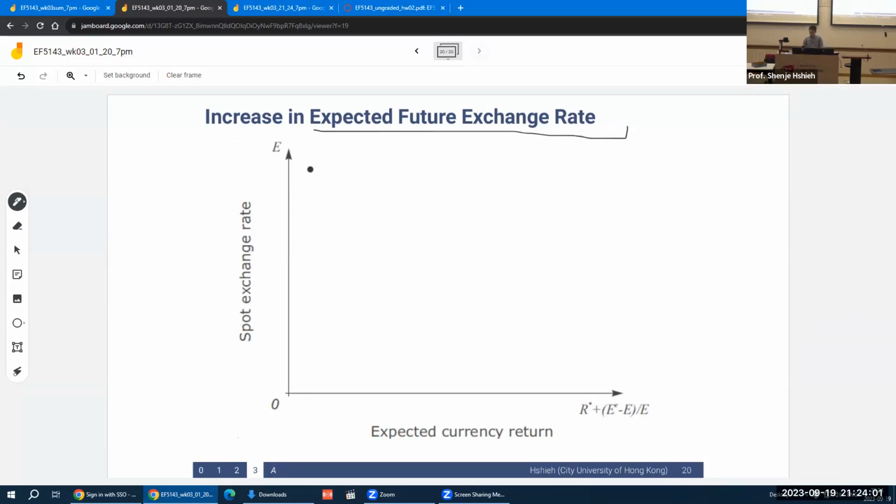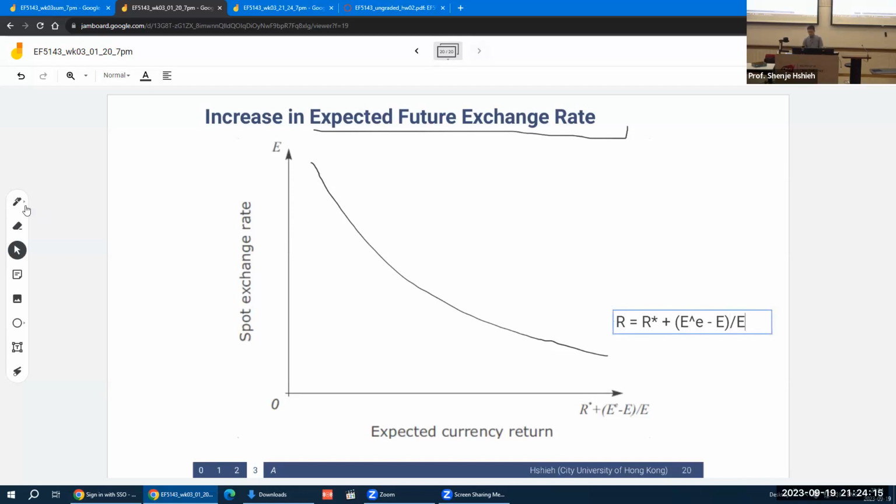All right, so again, let's have a starting point. Let us draw a vertical line again for interest rates. We have a starting equilibrium point here, E naught.